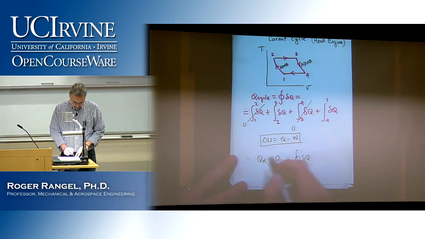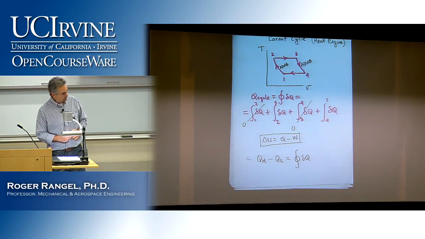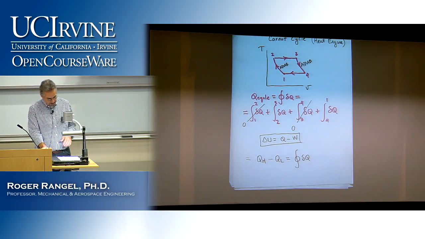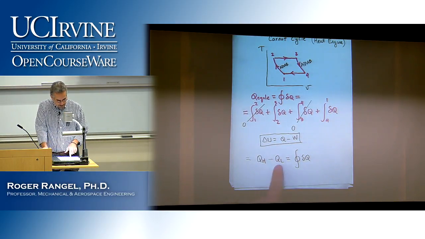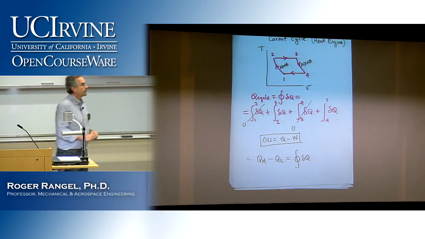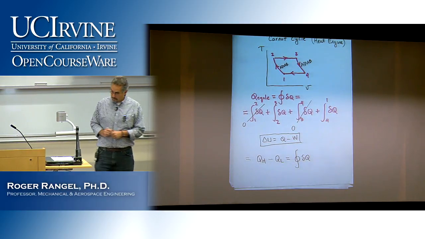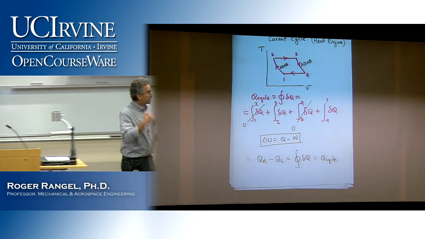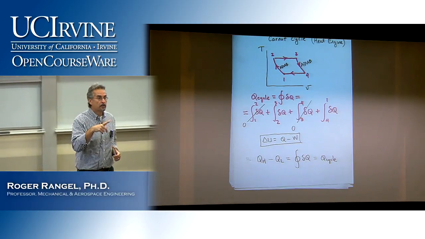Well, I say, that's interesting, or maybe yes or maybe not. In fact, one thing is very interesting, because what is Q_H minus Q_L for the cycle? This is the net. We were calling this Q cycle. It is the net heat transfer for the cycle, and what's that equal to?